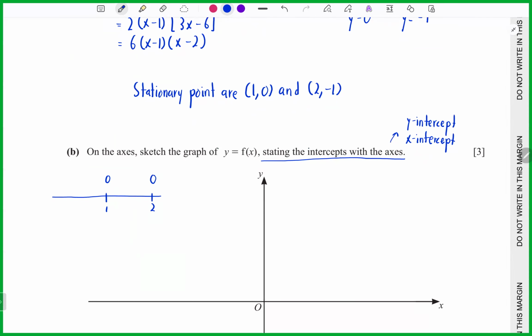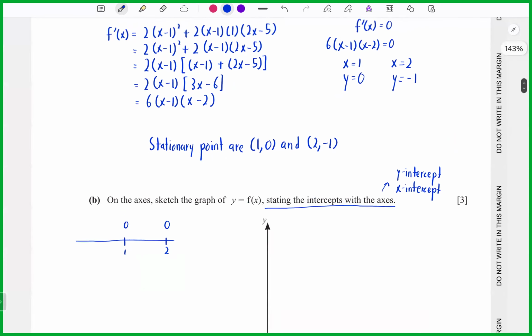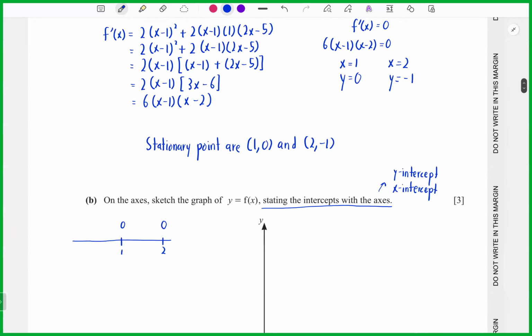So let's try the numbers. Let's say I take 6 brackets, 3 over 2 minus 1, 3 over 2 minus 2.